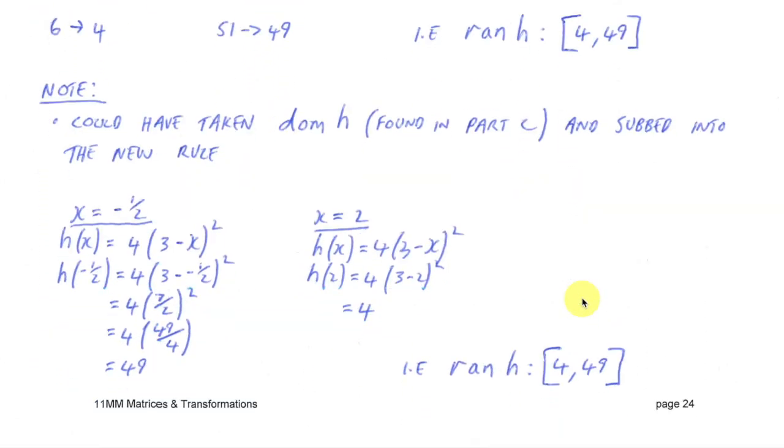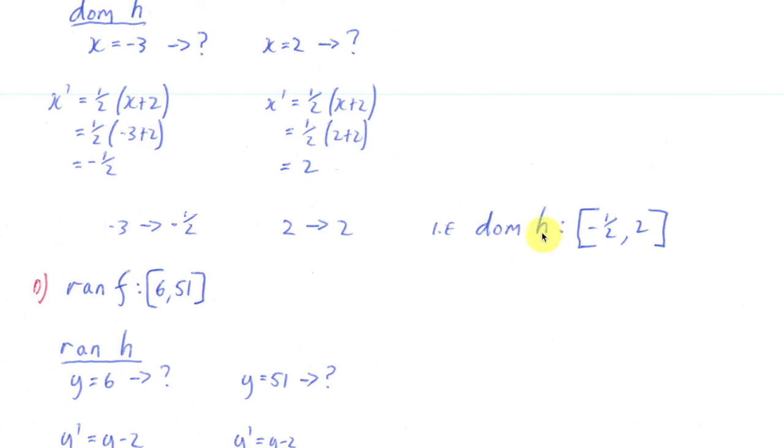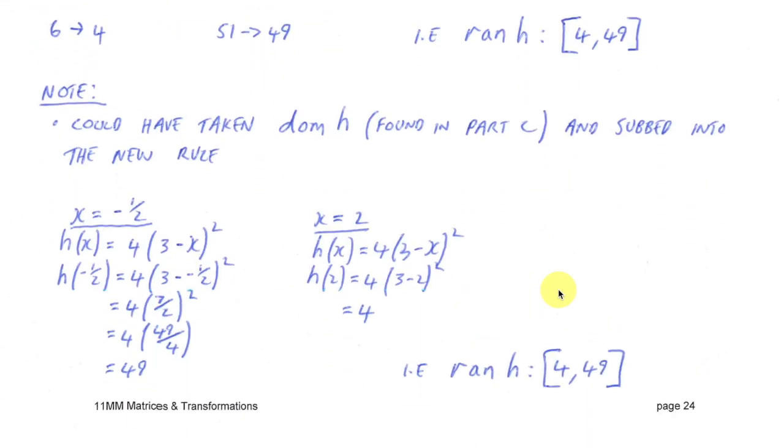Now, to produce the range, we could have used a different technique. What we could have done is taken the domain that we found for h of x and then subbed that into the new rule. So remember, the found domain was here. x is between negative a half and 2. The rule that we found for h of x is 4 lots of 3 minus x squared.